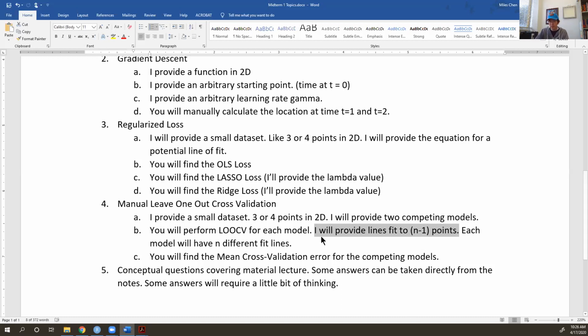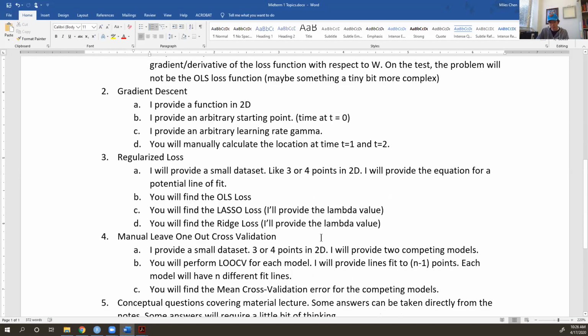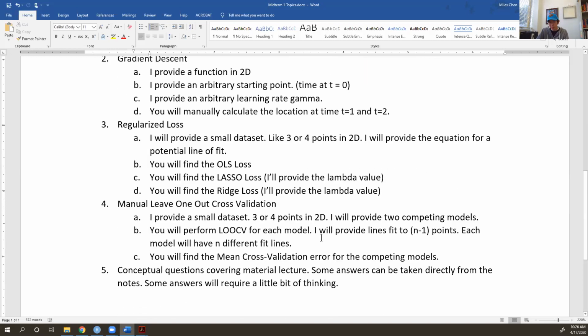So you don't have to do X transpose X inverse X transpose Y or something like that. No neural networks on this one. That's for the future.